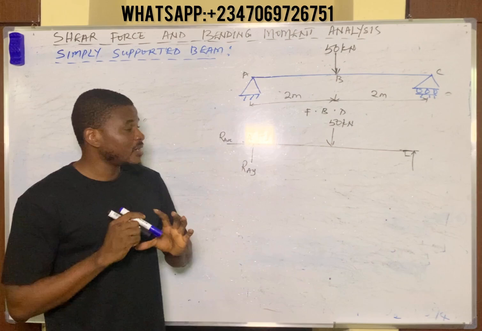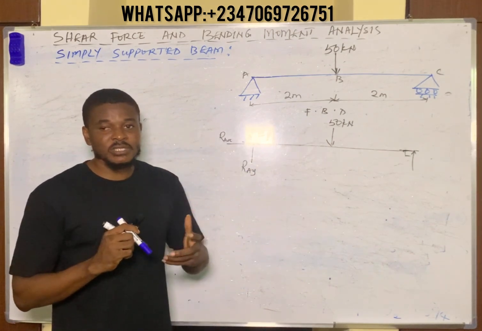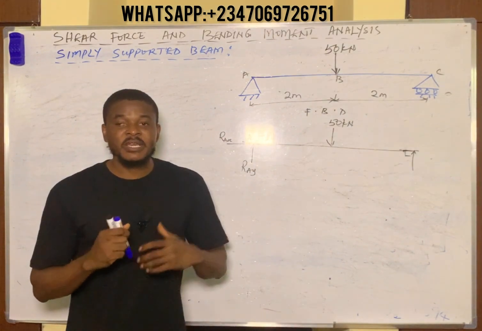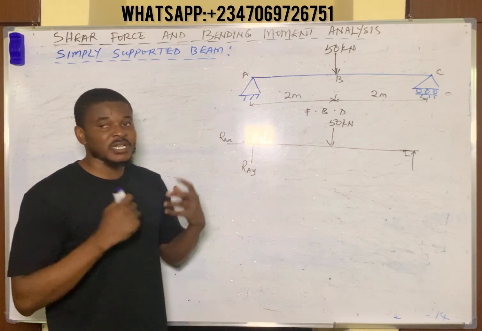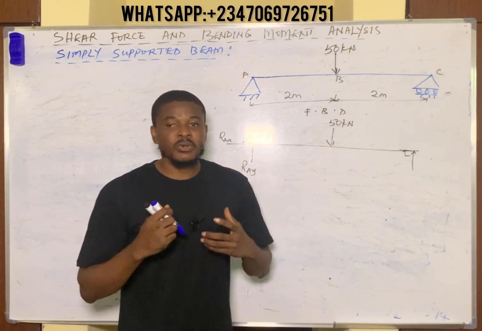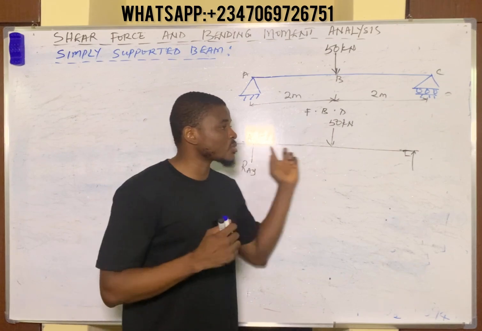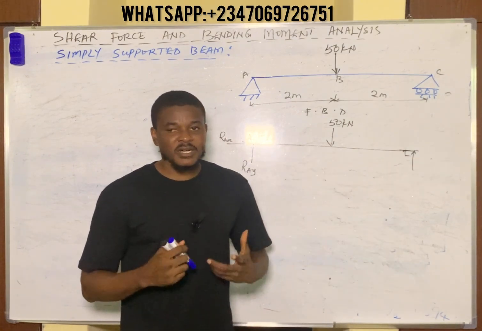So it is actually different from the pin. Pin is always going to be vertical and horizontal. So if a pin occurs on a vertical beam, it still maintains vertical and horizontal reactions. But if a roller occurs on a vertical beam, the reaction of that roller becomes what? A horizontal reaction. But if it occurs on a horizontal beam, the reaction becomes a vertical reaction.